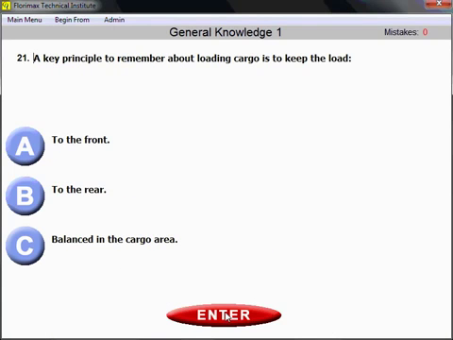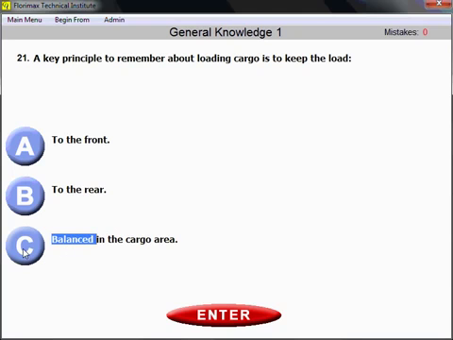Question number 21. A key principle to remember about loading cargo is to keep the load balanced. How you need to distribute the load, the cargo, when you load it. And the key word is balanced.